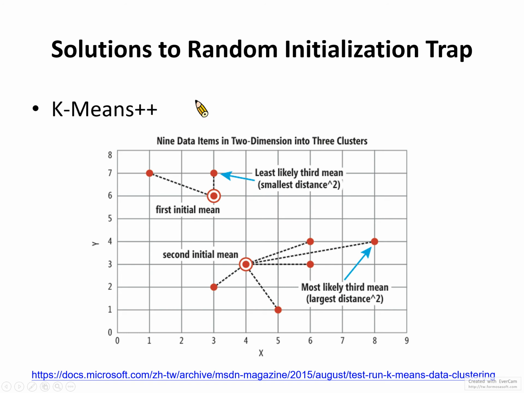And so this is one of the methods we call K-means++. The idea behind K-means++ is that you never choose the centroids in a very close manner.